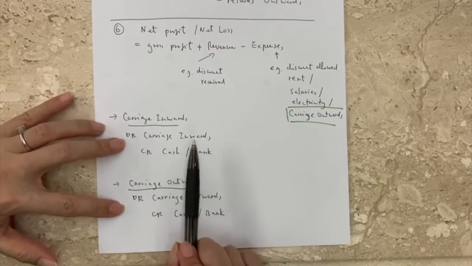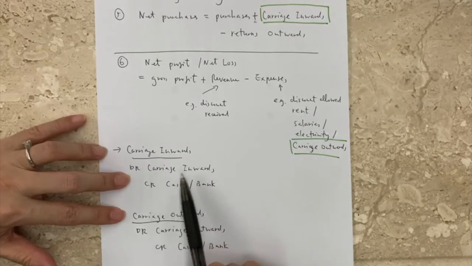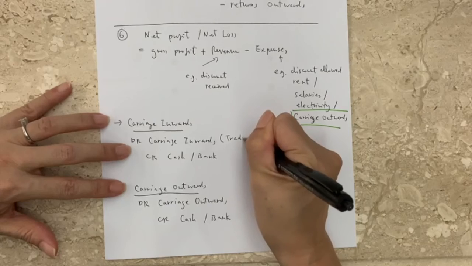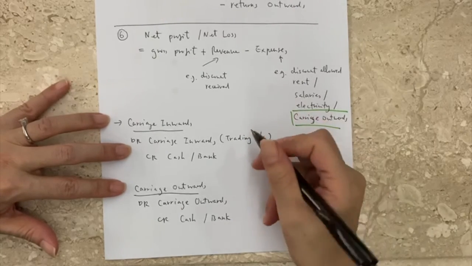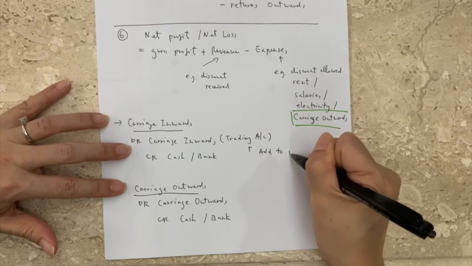But which one will increase part of the cost of goods sold? That is carriage inwards. We put carriage inwards in the trading account, right? Because this will add to purchases.